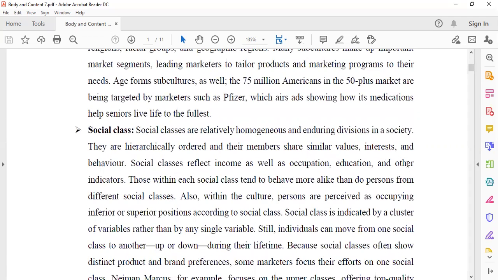Also, it's social class. Within any society, social class represents the hierarchical order in which persons in that society are placed. And individuals within any particular class have some homogeneous characteristics.